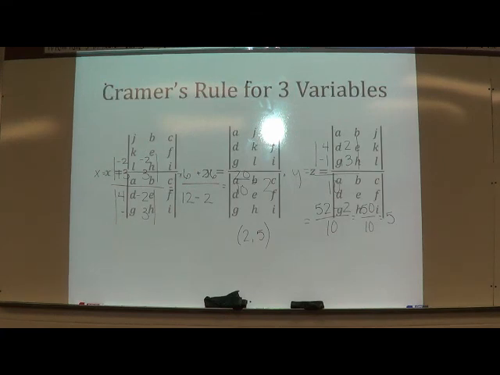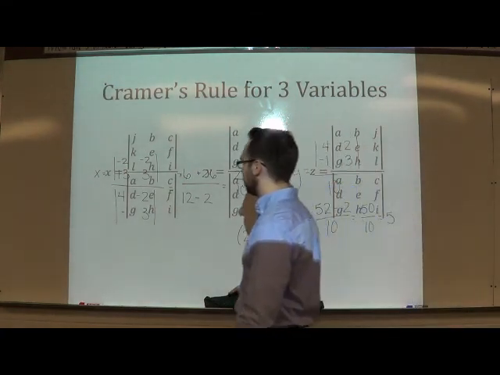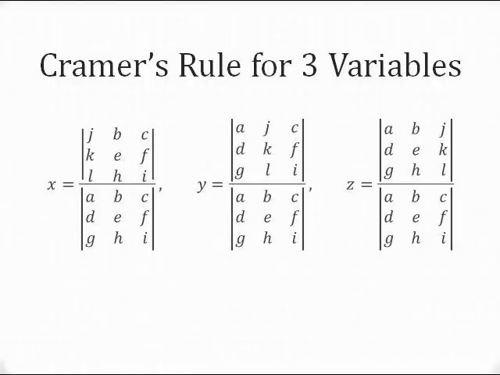Okay, you can also do this with 3 variable systems. However, with 3 variables, we need 3 by 3 determinants. So when we have 3 by 3 determinants, again, the denominator is the same across the thing. So once you find that 3 by 3 determinant once, it'll be the same for all 3 variables.